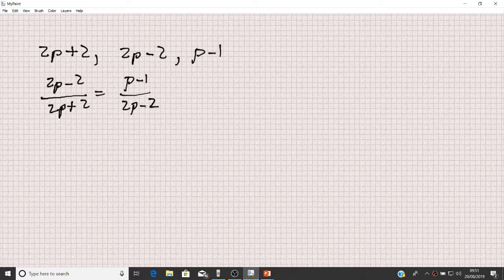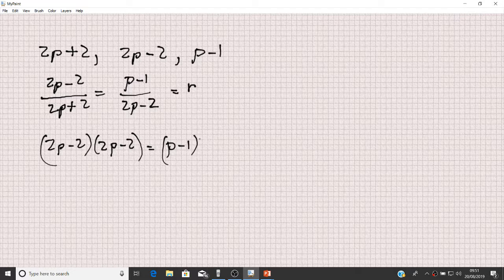And we are going to try and solve this for p. So I'm going to cross multiply, so I will say 2p minus 2 times 2p minus 2 must equal p minus 1 times 2p plus 2. We'll expand both sides and end up with a quadratic equation.